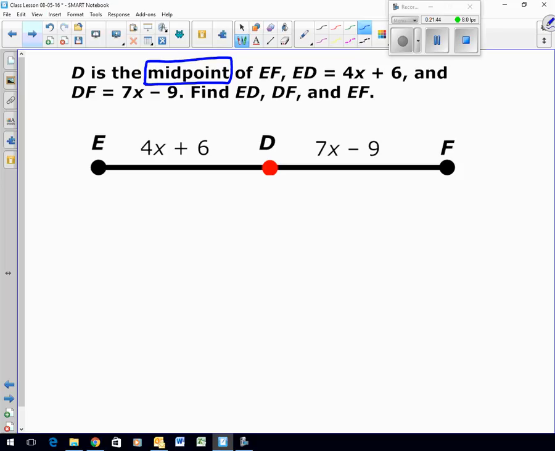Equal segments. So if I just do this, 4x plus 6 equals 7x minus 9, I could solve for x, plug my numbers in, and I'd have my answer, right? You got me? Okay? But if you don't know the definition of midpoint, you're going to be a lost puppy on that one, right? So remember, midpoint splits a segment into two congruent segments.